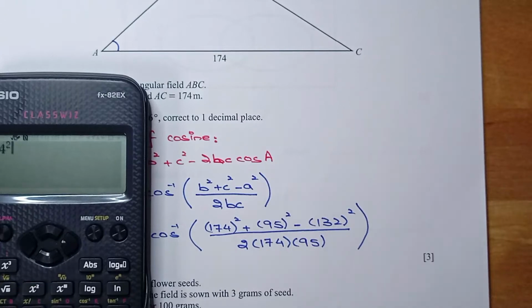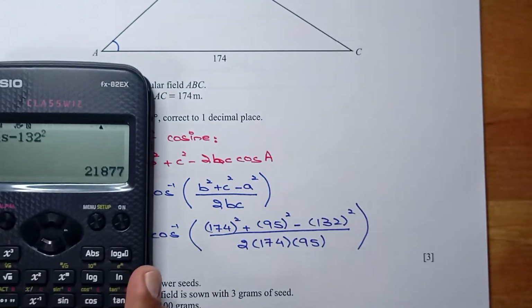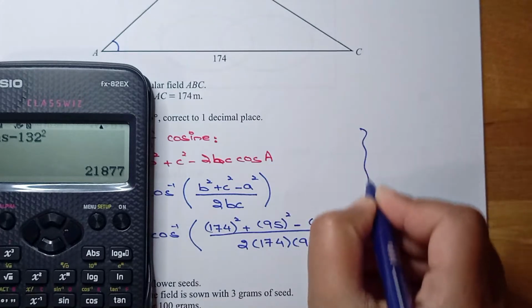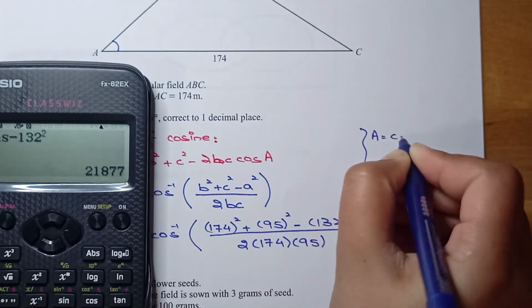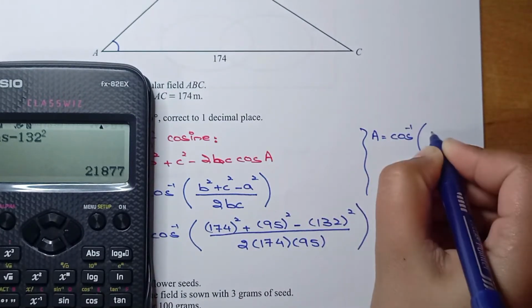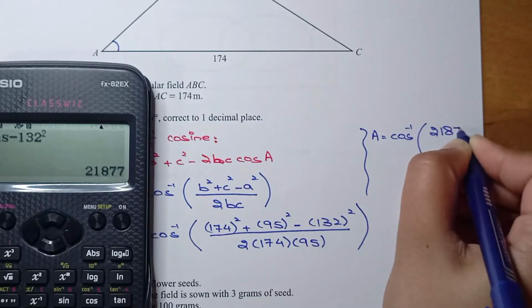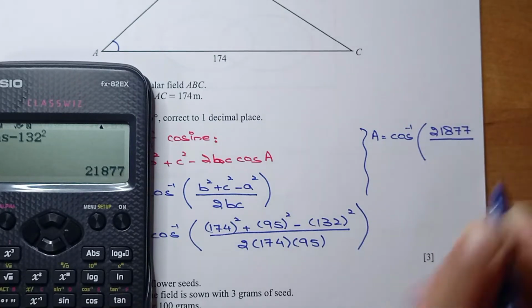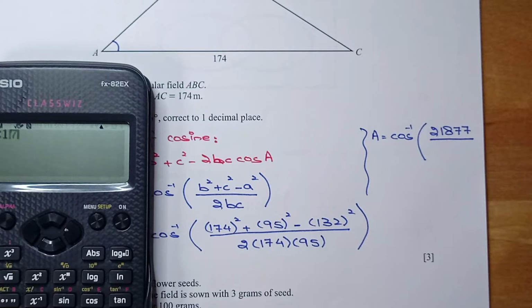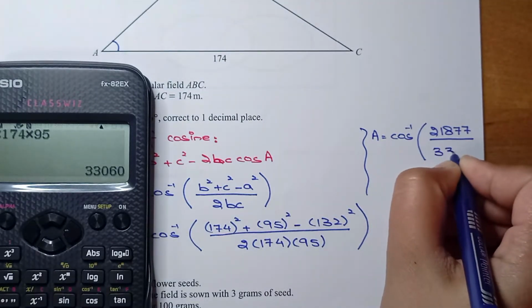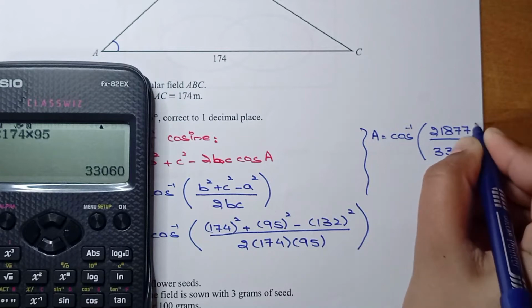174 squared plus 95 squared minus 132 squared is, let me write over here, A is equal to cos inverse of 21877 over 2 times 174 times 95, 33060.